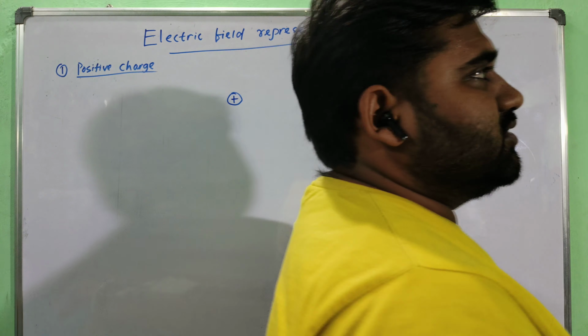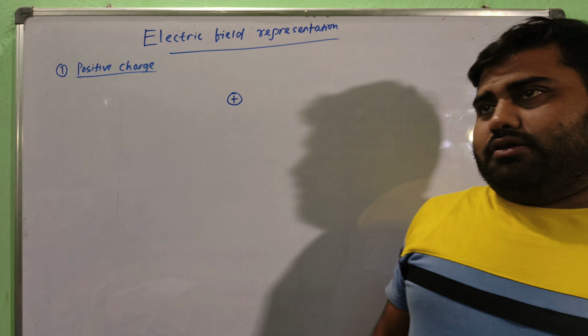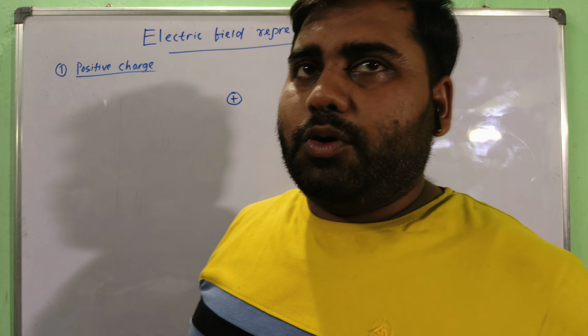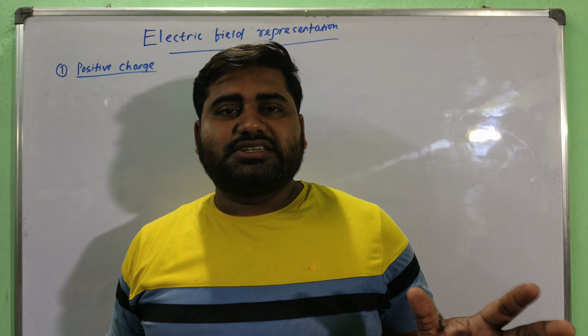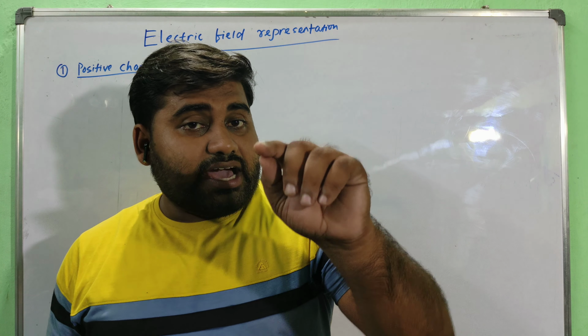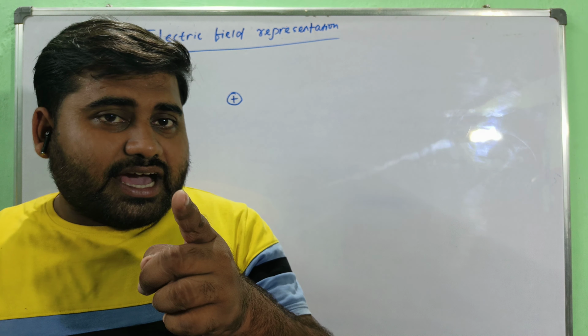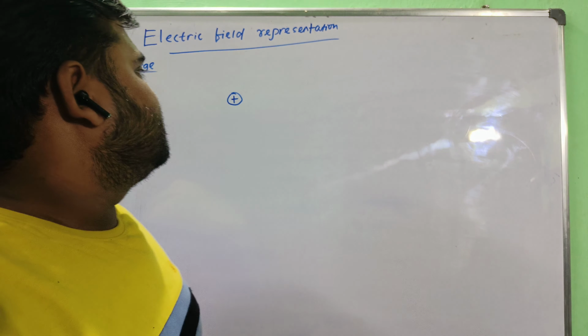I assume that you remember what a point charge is. A point object is something such that we can ignore its dimensions, and a charge on that point object is called a point charge.